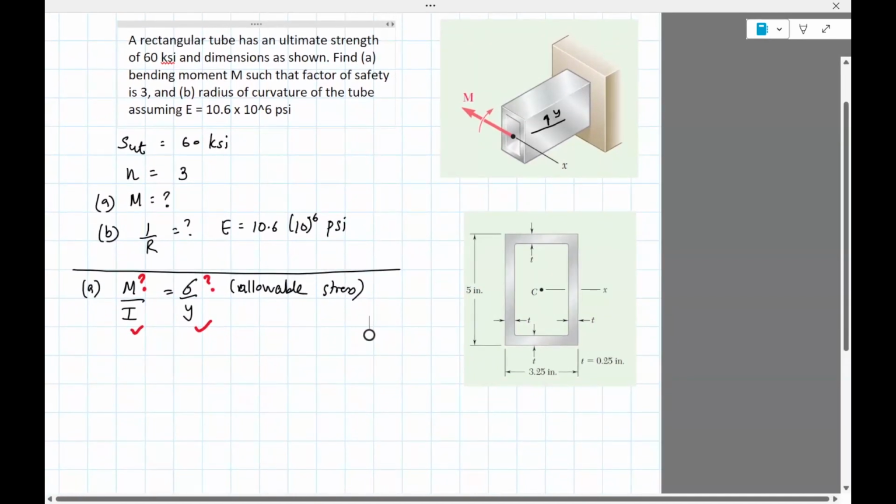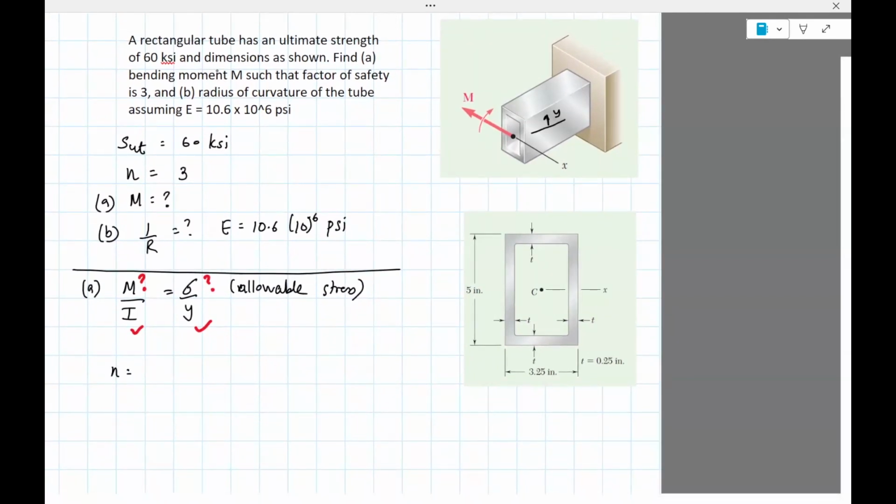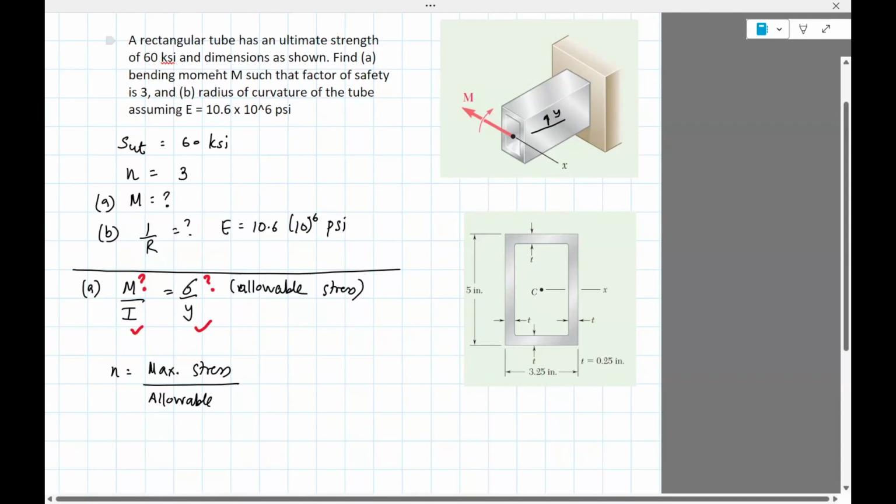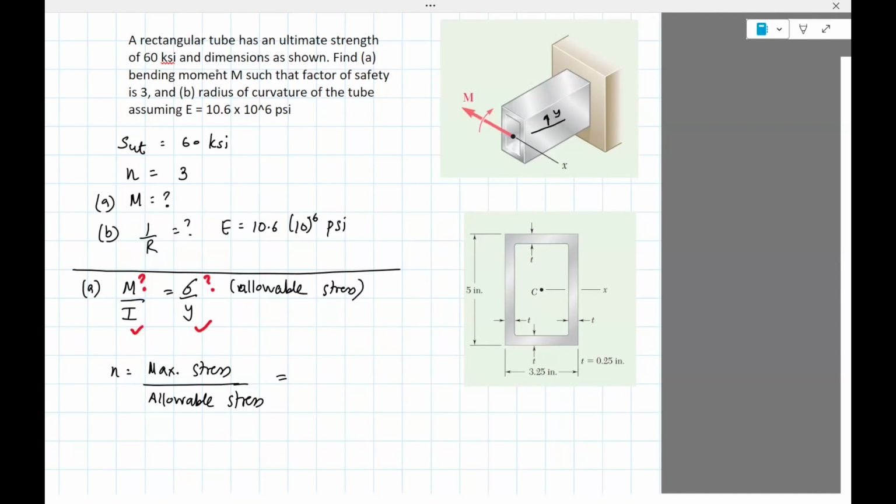So the factor of safety, N, is max stress divided by allowable stress. So the max stress is like the most you can get from any material is the ultimate strength, right? It's where the strength achieves its peak.